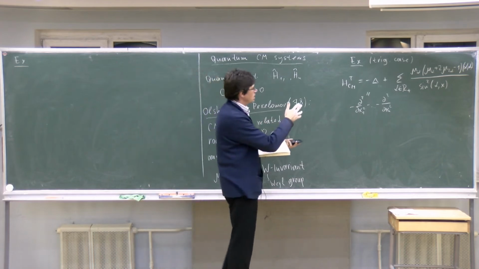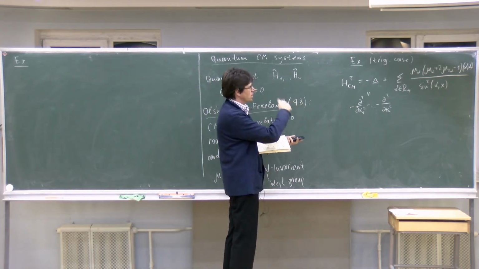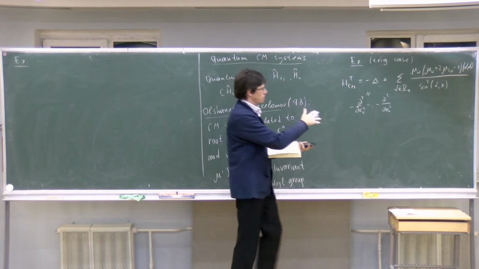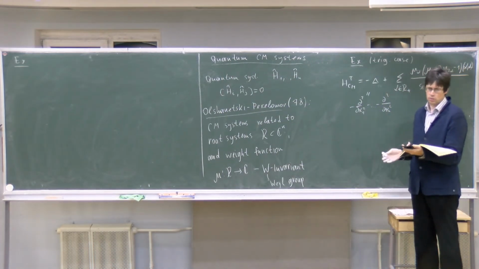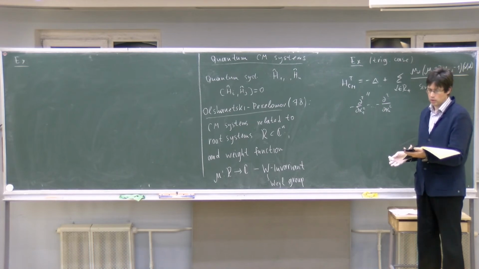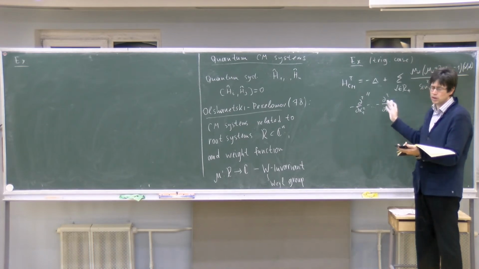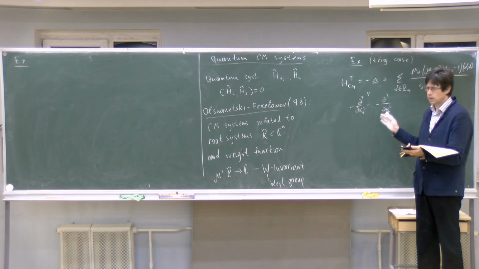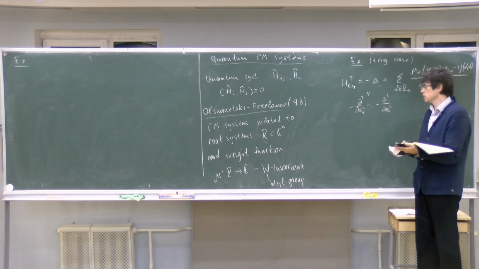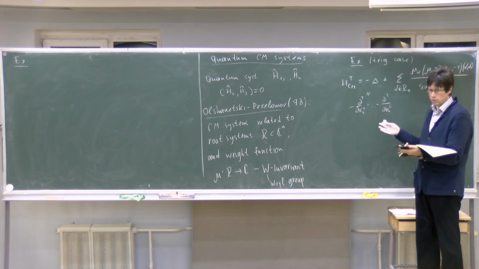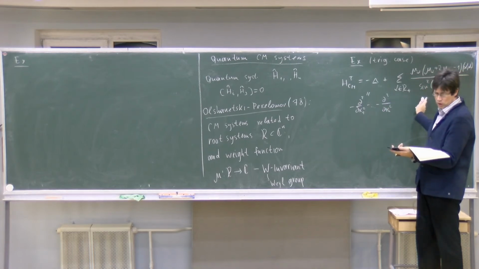In 5 or 10 minutes I will formulate a general result with a very generic form of this potential, which will also be quantum integrable, because this was just the first example of such quantum integrable systems. And later many people, including Veselov and his pupils, constructed many quantum integrable systems with deformed potentials.